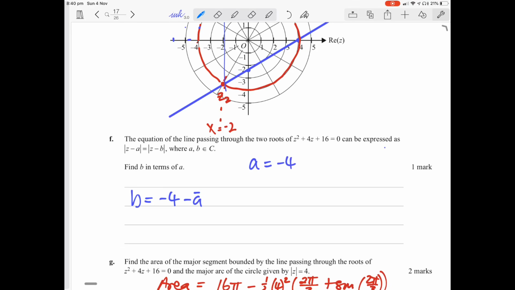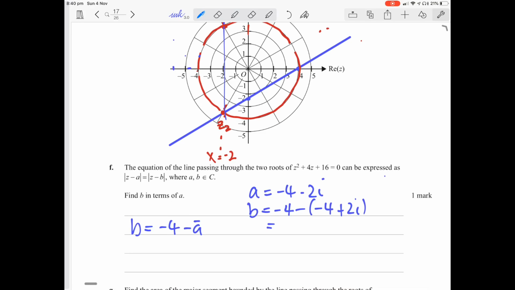A is negative 4 minus 2i. B is therefore negative 4 minus negative 4 plus 2i, which is going to give us 0, and then minus 2i. So that's that, and then, yeah, perfect. So that must be our answer.